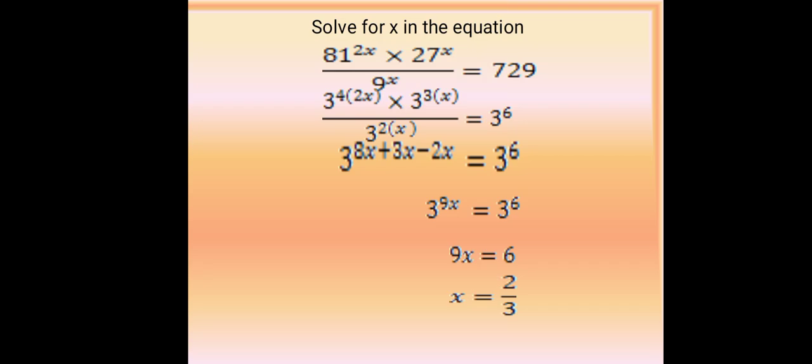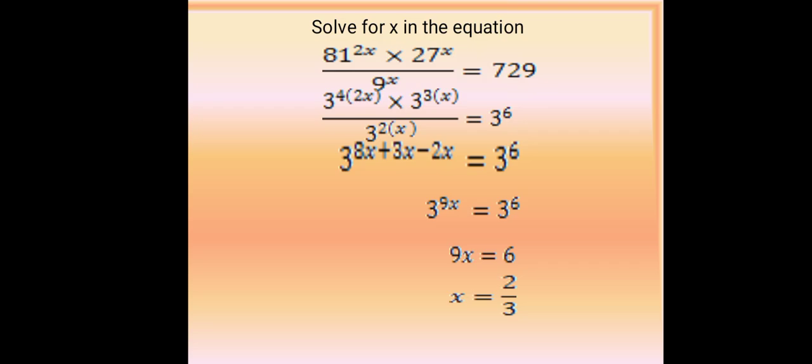You can see all those numbers are multiples of 3, so we can write them with the base of 3. Like 81, you can write it as 3 raised to the power of 4. 27, you can write it as 3 cubed, and 9 we can write it as 3 squared. 729 we can write as 3 raised to the power of 6.